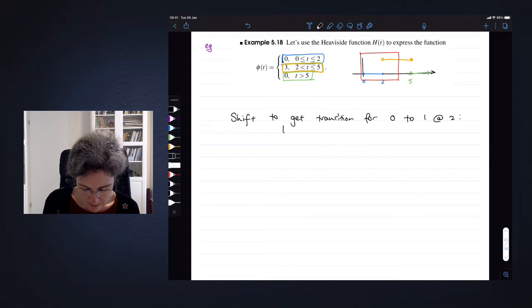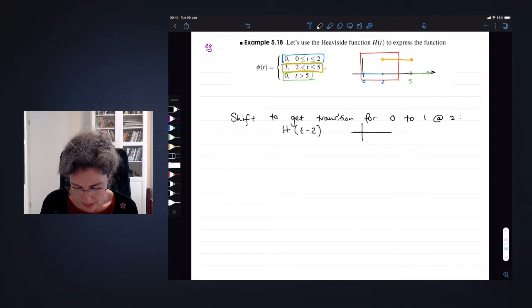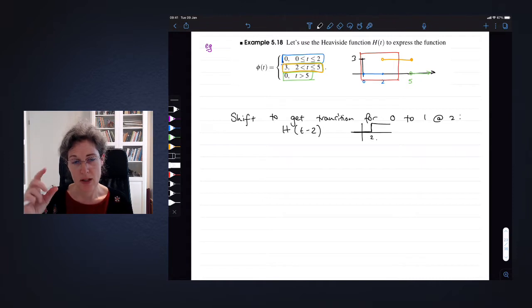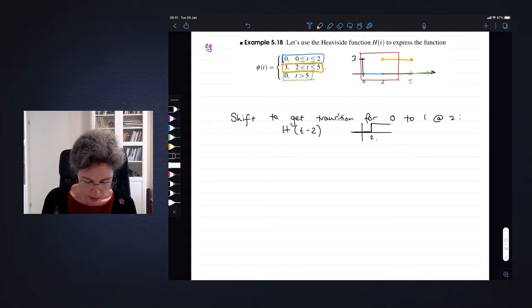Well, we just say h of t minus 2. And that would give us something that looked like that. But the other thing to notice is that we want this to have a height of 3, and the Heaviside function is defined to have a height of 1. So we want to scale it, so we'll scale it by 3.